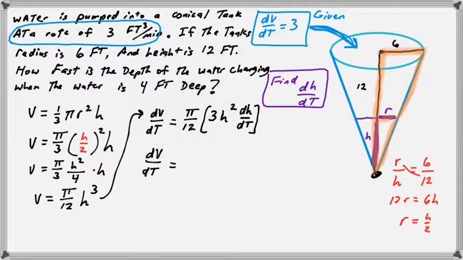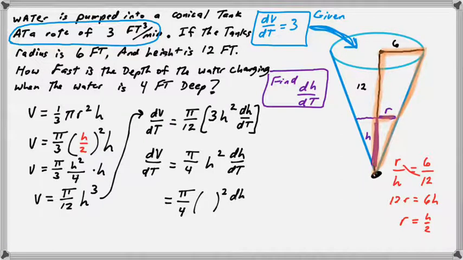So you'll notice that 3 goes into 12 4 times, and h squared times dH/dt. I'm trying to find dH/dt, how fast the height is changing.